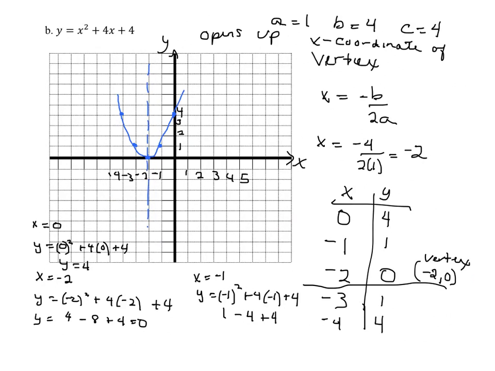Okay, perfect. So let's read it off the graph. What is the y-intercept? Where does it cross the y-axis? It crosses it at 0, comma 4. What's the x-intercept?